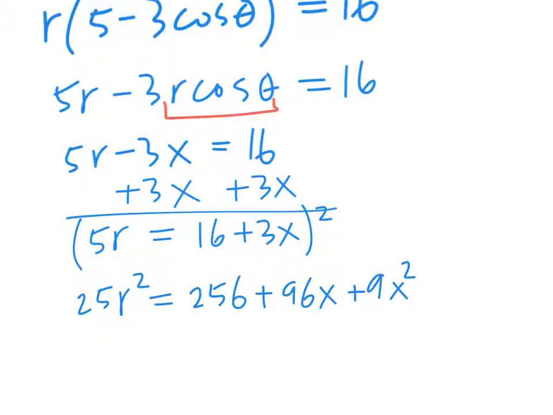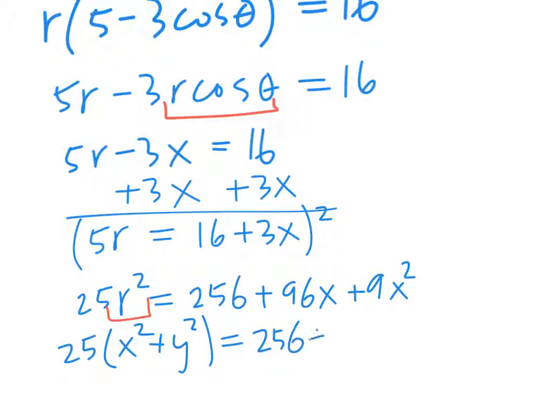Now what? r squared equals x squared plus y squared. So recall that r squared is x squared plus y squared. 25 times x squared plus y squared equals 256 plus 96x plus 9x squared.